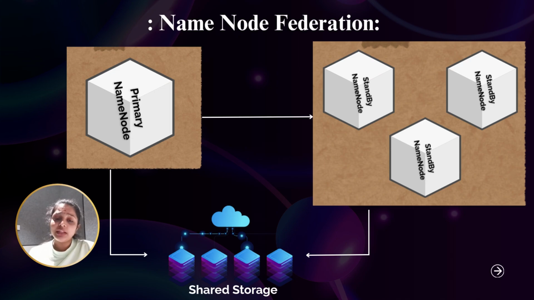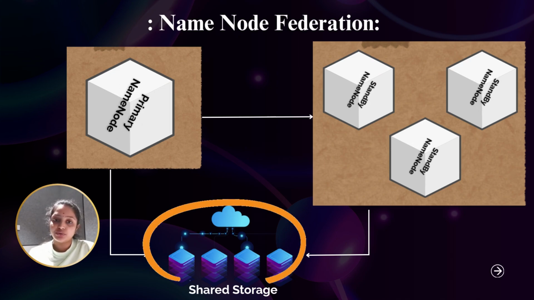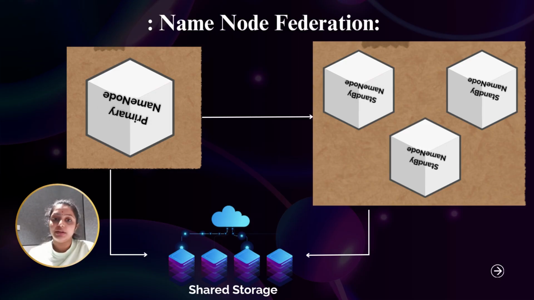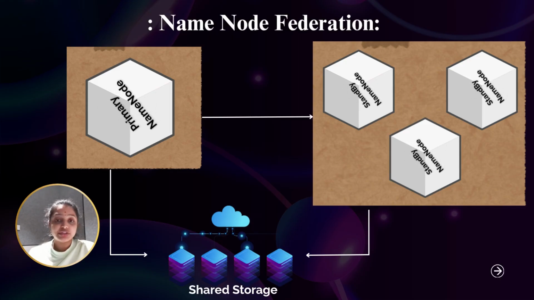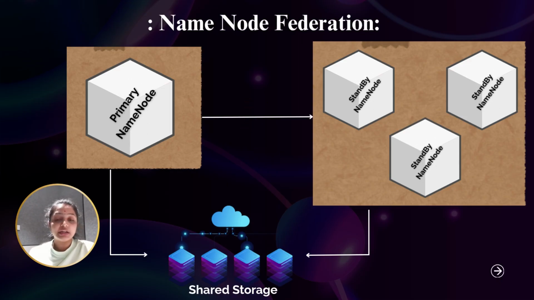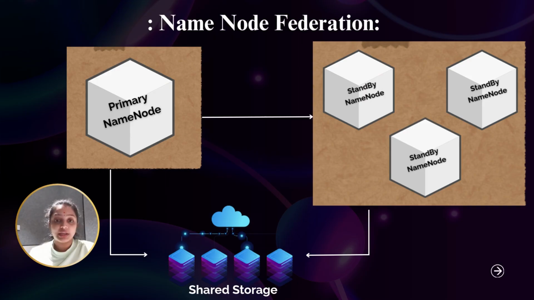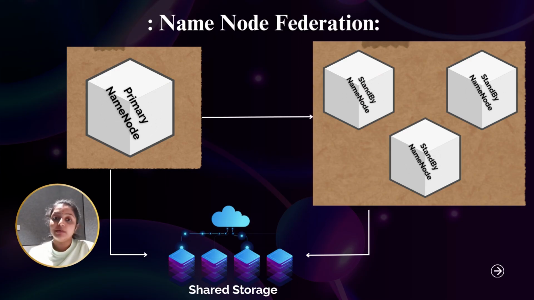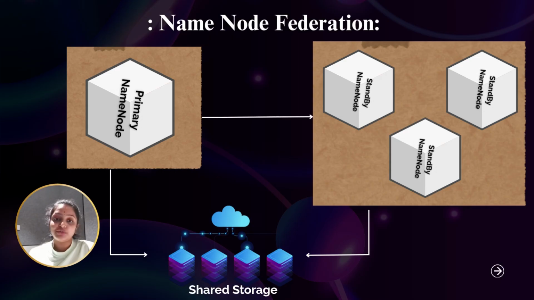These are all connected to a shared storage to maintain the consistency of data and to ensure scalability. So by any chance, if the primary name node fails, then immediately a standby name node will take over, and it also ensures zero downtime. So this is called name node federation.